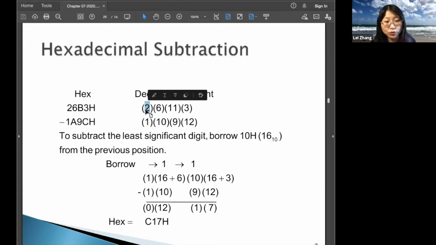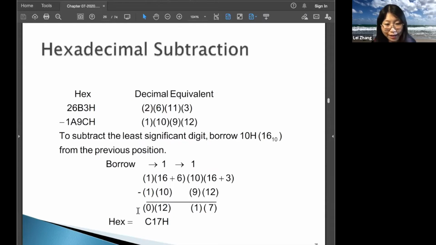So this 2 becomes 1. So that is this one here. So 6 borrowed 1, so that 1 bit in the higher bit is going to be 16 here. So that's how we get 16 plus 6. That's actually 22. 22 subtracts 10 gives us 12.